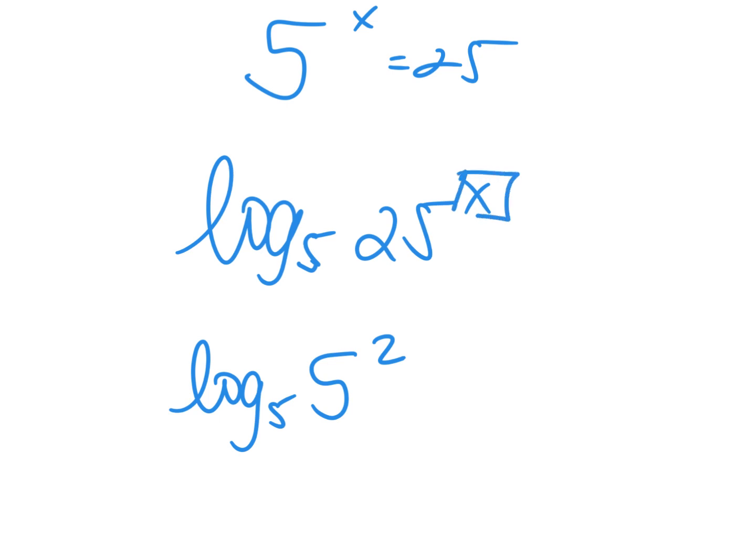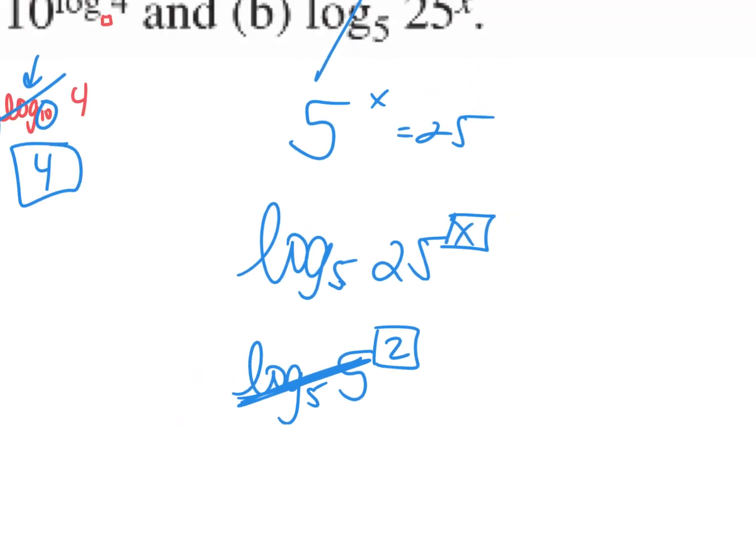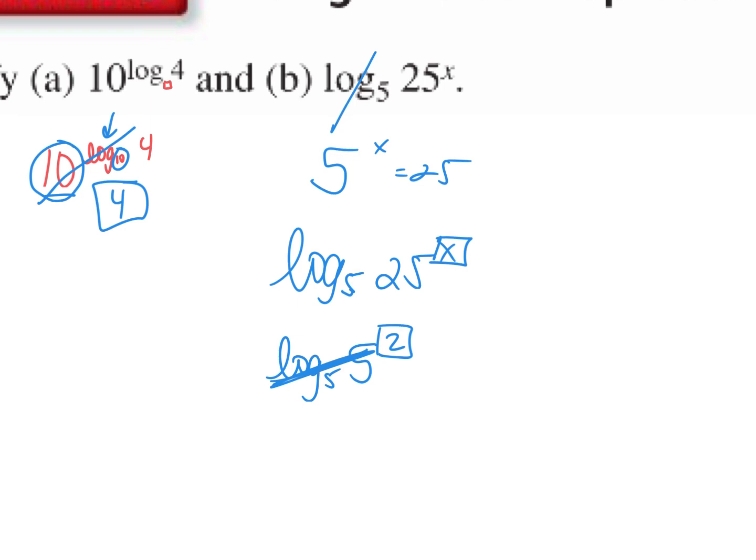So all I did was replace the 25 with 5 squared. If I have log base 5 of a big 5, what happens to them? They are what of each other? Inverses, so they cancel out. This property is going to become much more useful in the next couple sections, but you have to understand that logs and exponentials are inverses of each other.